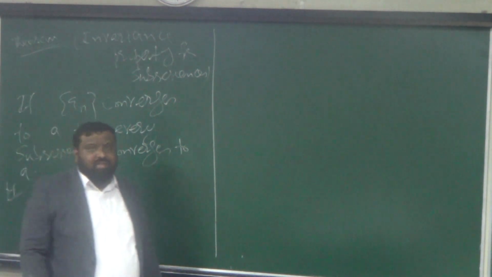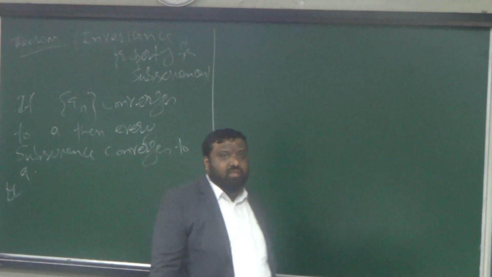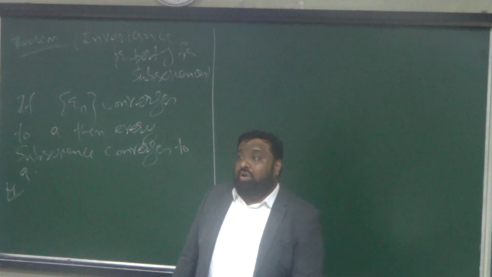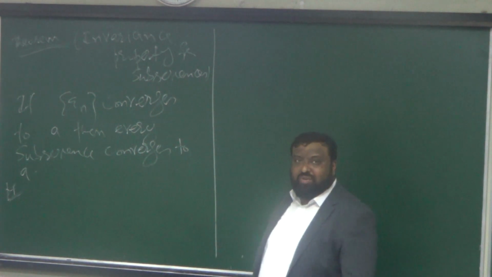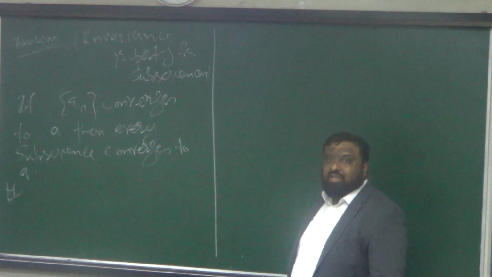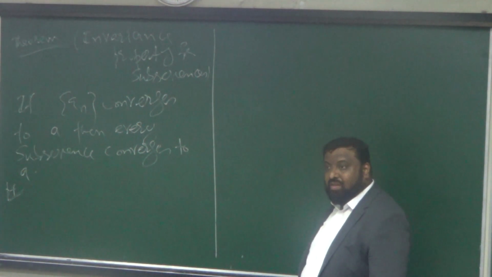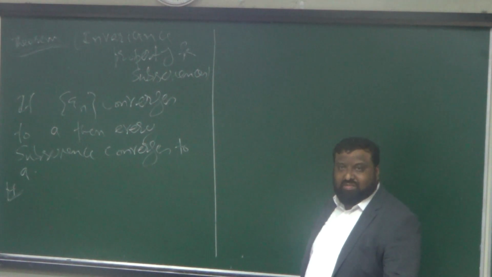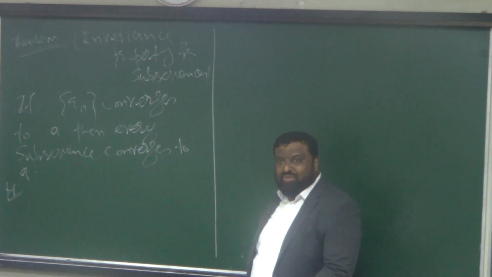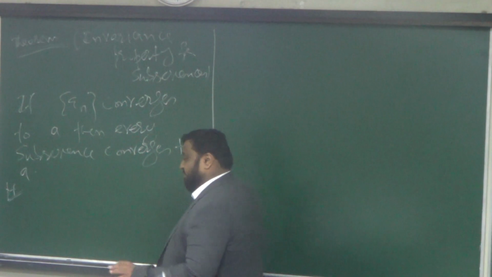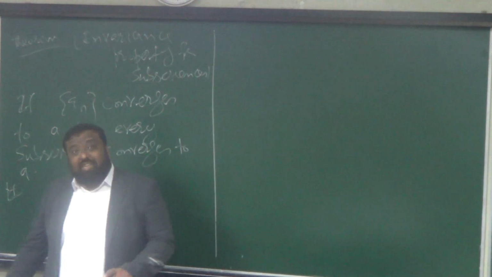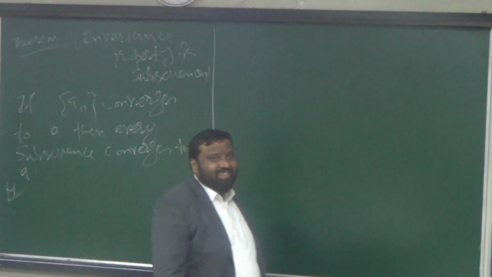I would like to have a more precise version of it. If a subsequence is not convergent, then the sequence is not convergent. If the subsequence is not convergent, then the parent sequence is not going to converge.